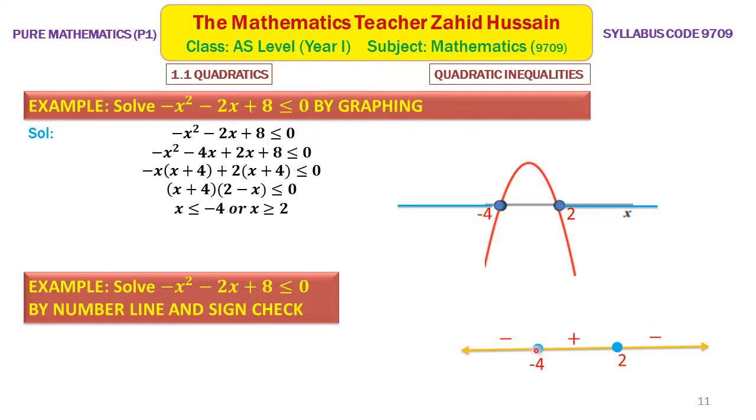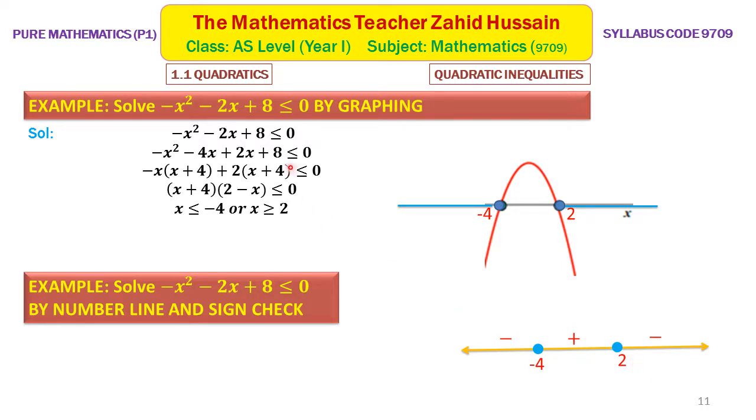So we need these values of x which are equal to minus 4 and less than minus 4, and which are equal to 2 and greater than 2. So this is again the solution by the number line. You cannot write these two as a double inequality because there is a gap between these two ranges of values of x.